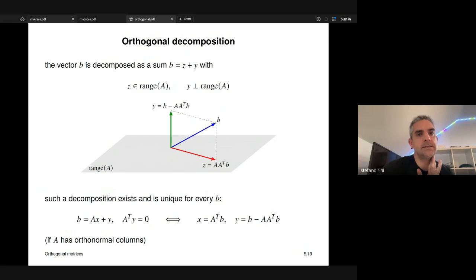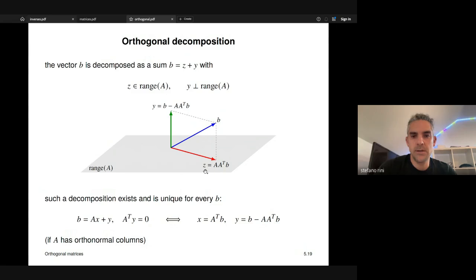Once we have this, we can have an orthogonal decomposition as follows. We are given a vector B, and we want to decompose B into Z plus Y, where Z is in the range of A and Y is in the orthogonal space of the range of A. This is very nicely obtained as follows.